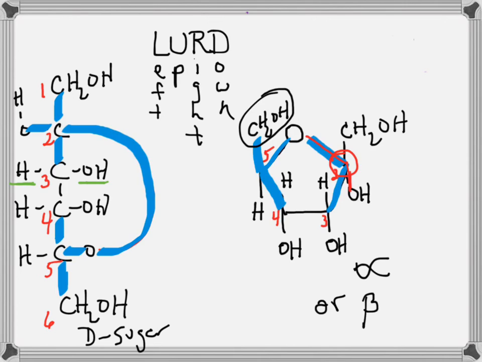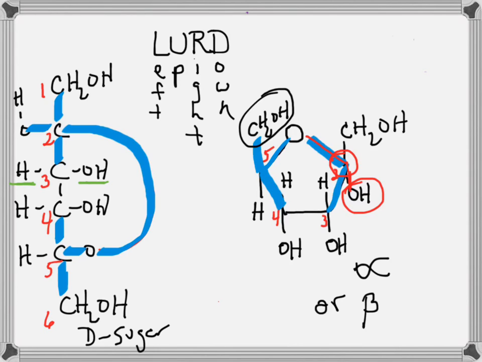To determine whether it's alpha or beta configuration, you look at the anomeric carbon and find the hydroxyl group attached to that anomeric carbon. That hydroxyl group is right here. You then go across the oxygen atom in the ring from that anomeric carbon.